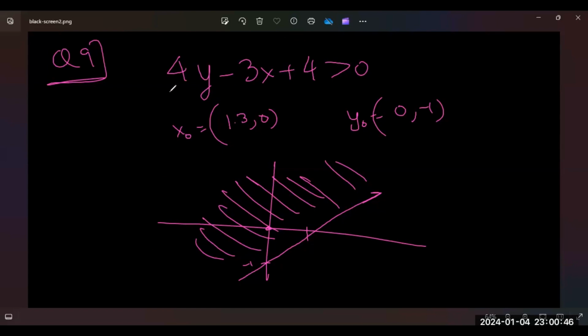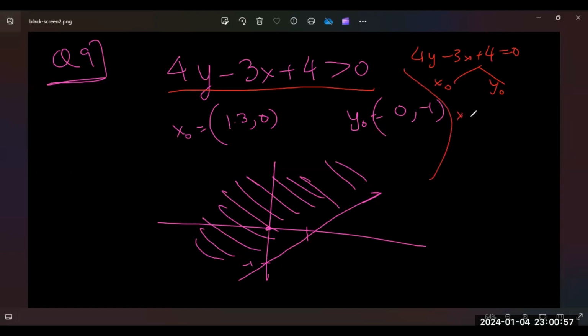So first thing is you have to write this as an equation: 4y minus 3x plus 4 equals 0. Write down x naught and y naught. X naught is minus 4 by minus 3, which is 4 by 3, which is 1.33. And y naught is minus 4 by 4, which will be minus 1.